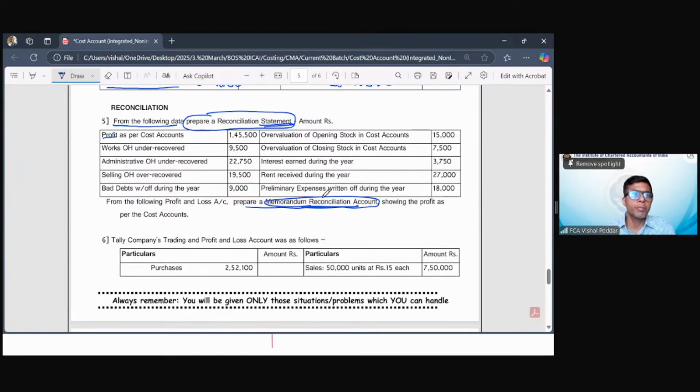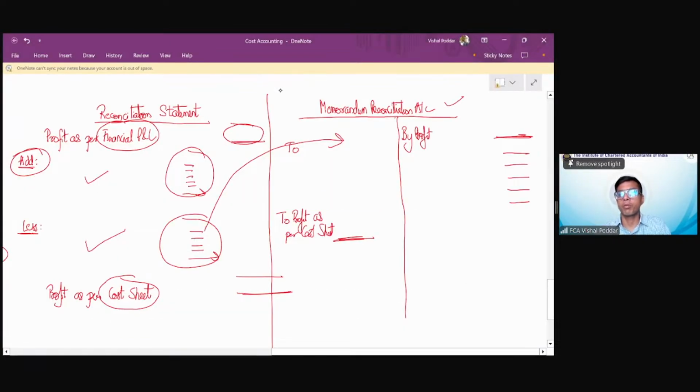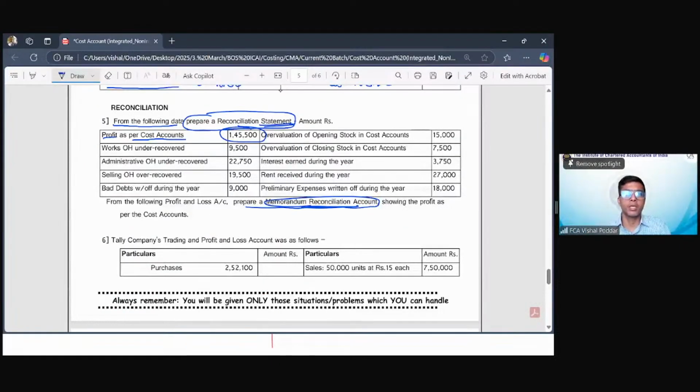Now the starting point that is given is profit as per my cost sheet. So I will write here by profit as per cost accounts. Cost sheet, cost account, whatever they are saying, 145,500.